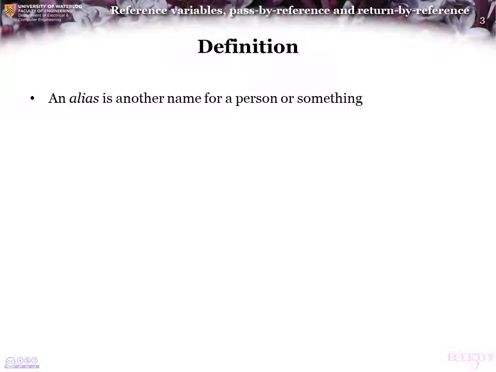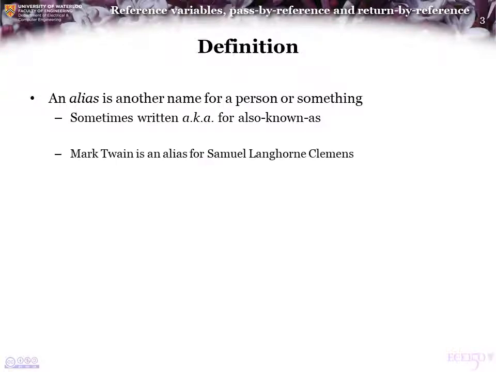Now, you're probably familiar with the concept of an alias. An alias is just another name for a person or object. Sometimes an alias is written as AKA, short for also known as. For example, Mark Twain is an alias for Samuel Clemens.